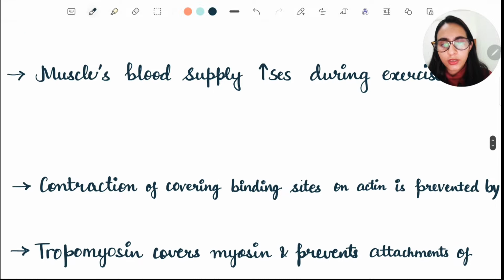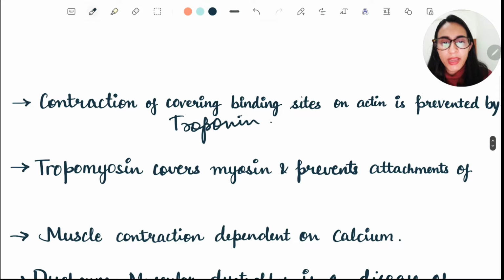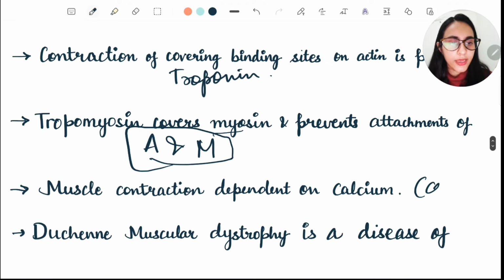Covering of the binding sites on actin is prevented by troponin. So tropomyosin covers the myosin and prevents the attachment of actin and myosin. So tropomyosin makes a covering, and that is why it protects the attachment, and when it uncovers, then the muscle contraction takes place. So muscle contraction depends on the calcium.